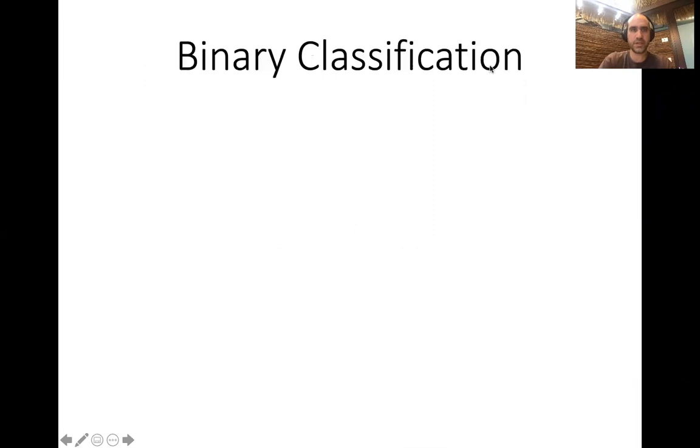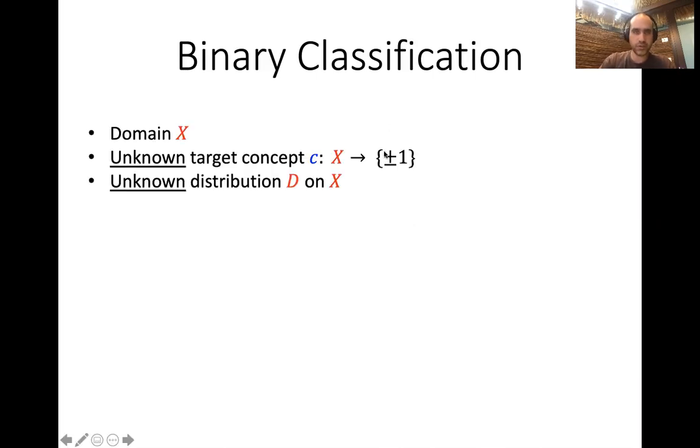So this paper is in machine learning. Specifically, we consider the setting of PAC learning, binary classification. So we assume a domain X, there is an unknown target concept C, which is just a binary function from X to plus minus one.